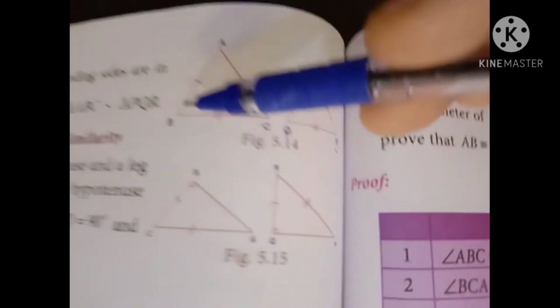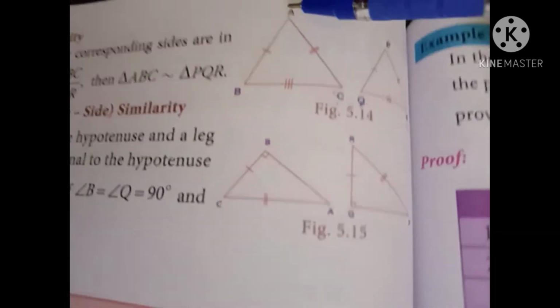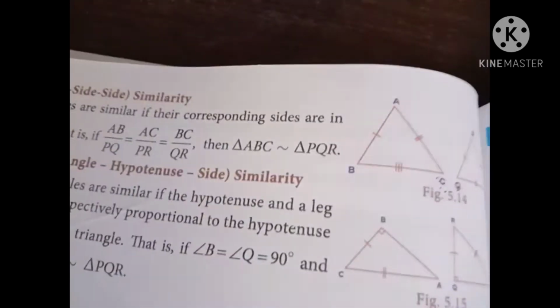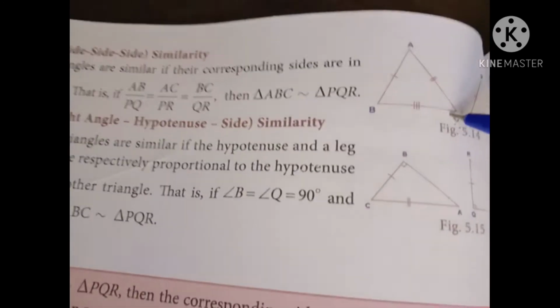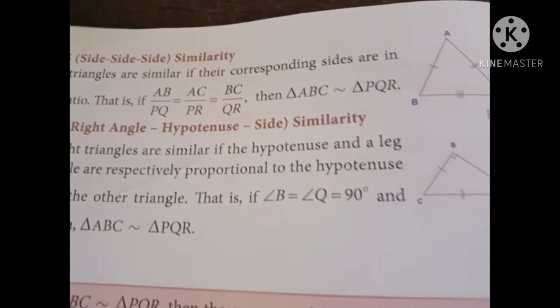Then you can say that the triangles are similar triangles. Proportional means the sides need not be the same, but the ratio of the sides should be the same. If the ratio of the sides is the same, you can say it is similar triangles.